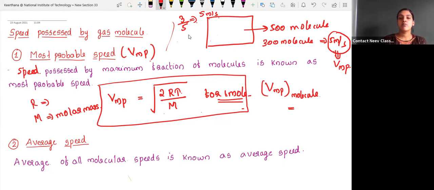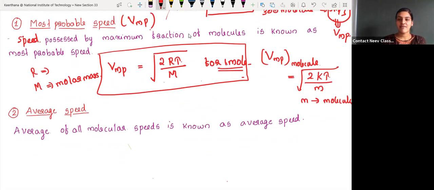Then if I'm writing the most probable velocity for 1 molecule, what will be the equation? You can just remember the equation for 1 molecule: the constant will be k, and the mass is small m. Small m means mass of 1 molecule.